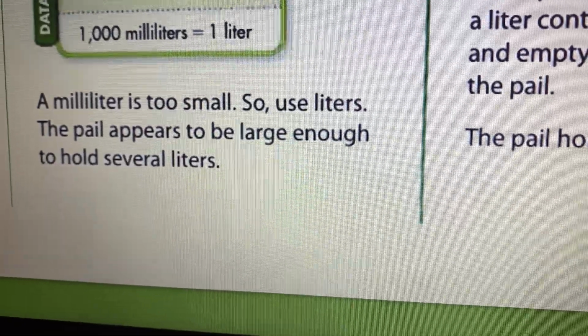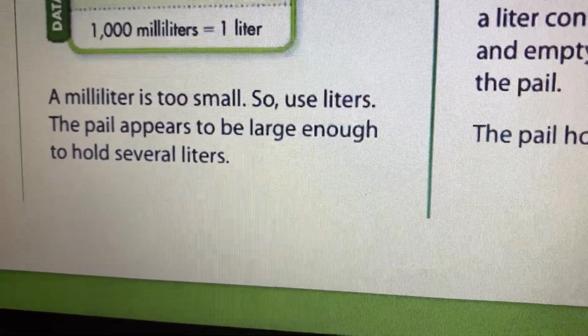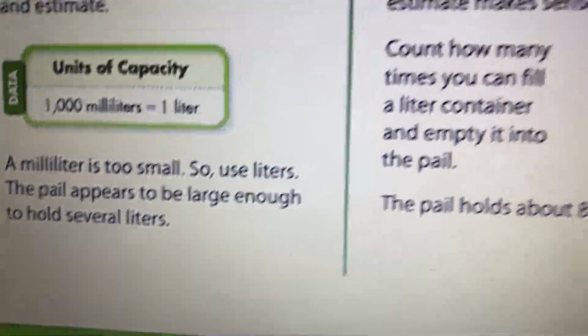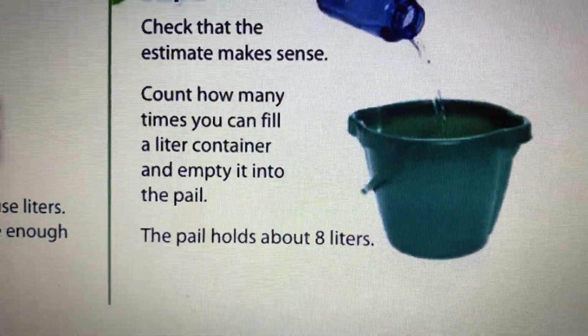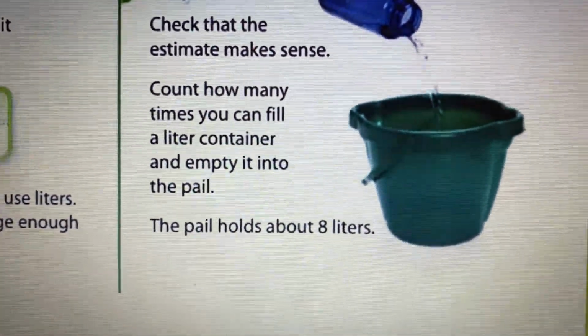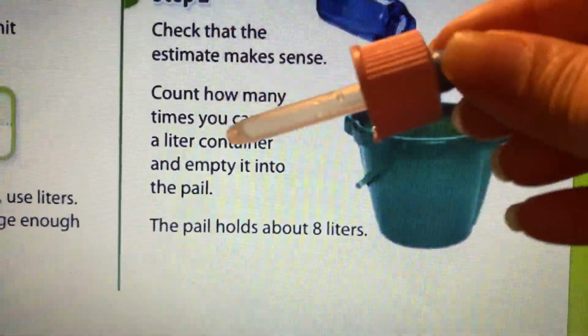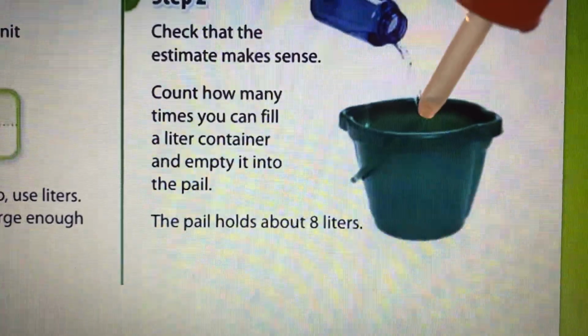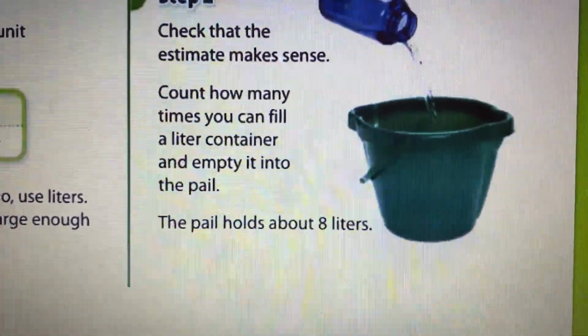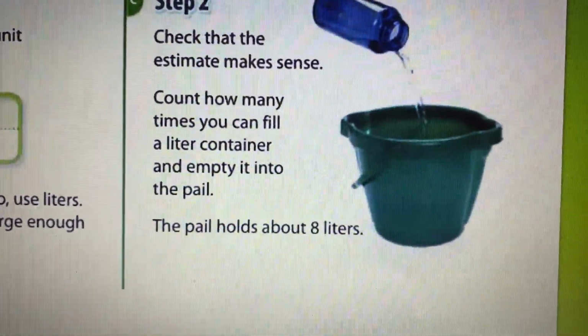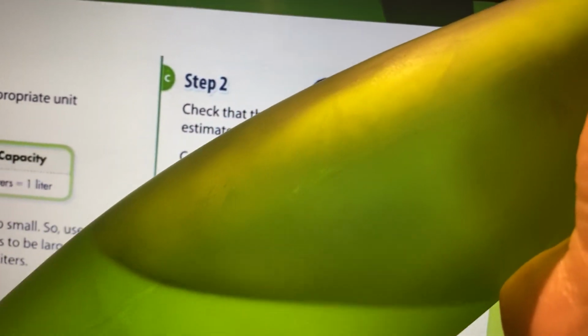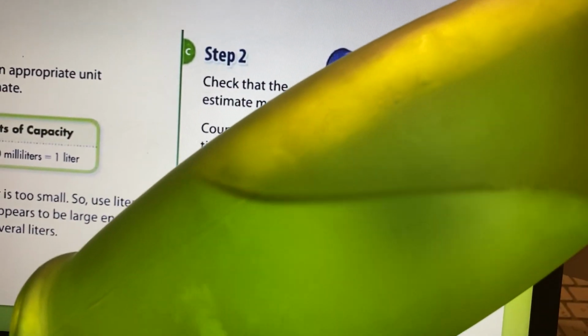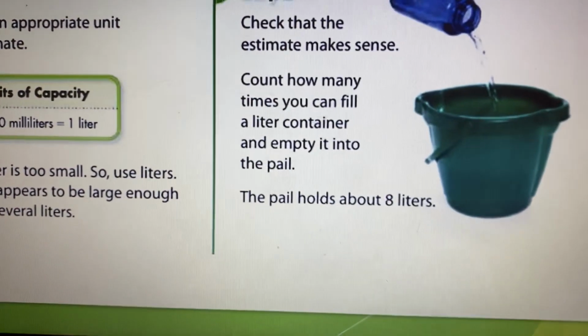The pail appears to be large enough to hold several liters. If I want to fill this pail, it is impossible to use this eyedropper and fill it with drops. It's going to take ages. But if I took this bottle and tried to fill the pail, it's not going to take a long time, right?